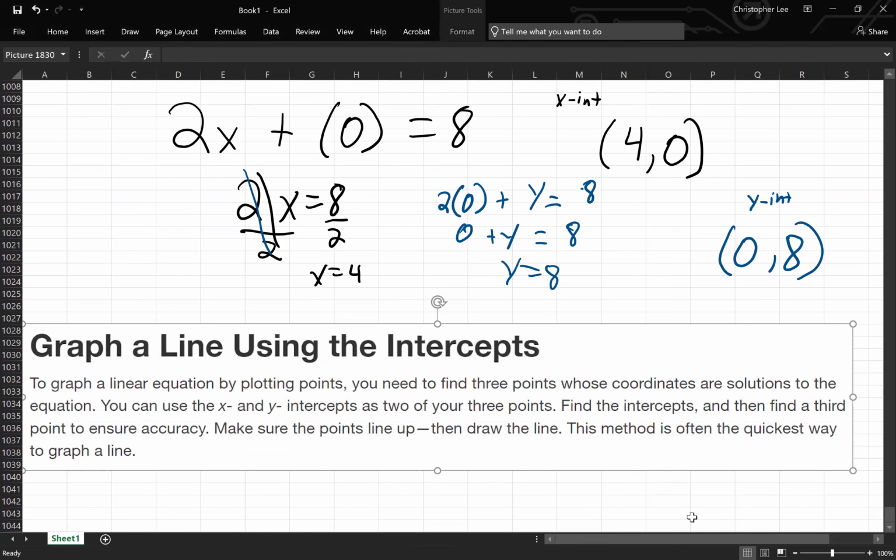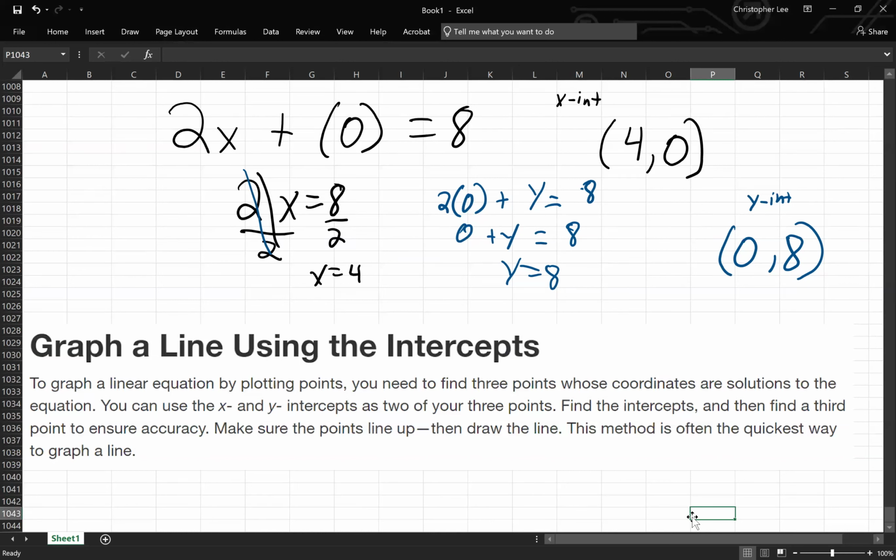To graph a linear equation by plotting points, you need to find 3 points whose coordinates are solutions to the equation. You can use the x and y intercepts as 2 of your 3 points. So find the intercepts and then find a third point to ensure accuracy, and make sure the points line up when drawing the line. This method is often the quickest way to graph a line.